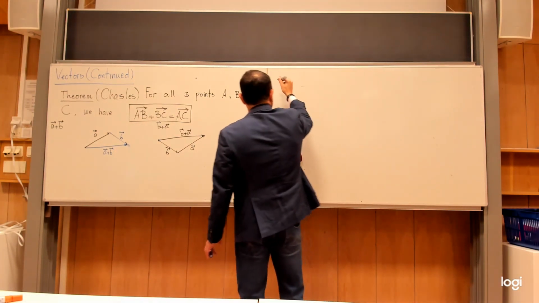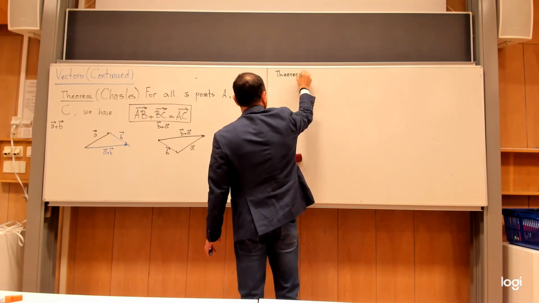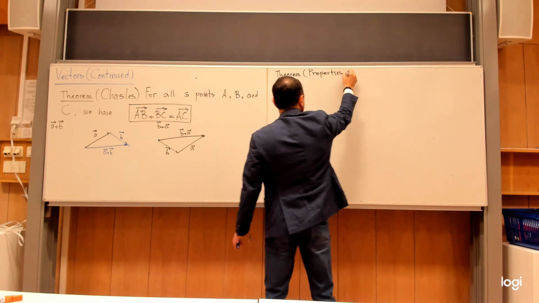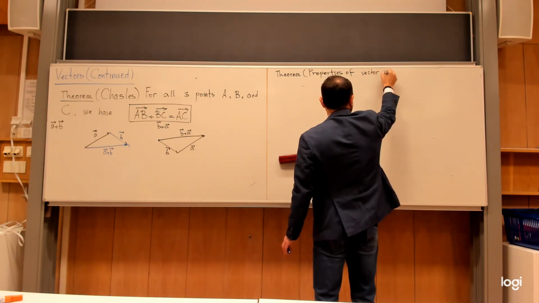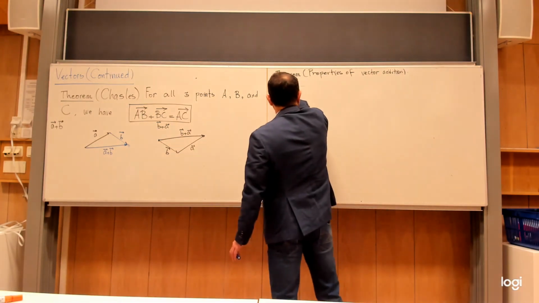So this is a theorem, so let me write theorem. Let me give it a name: properties of vector addition. Okay, so this is the theorem.